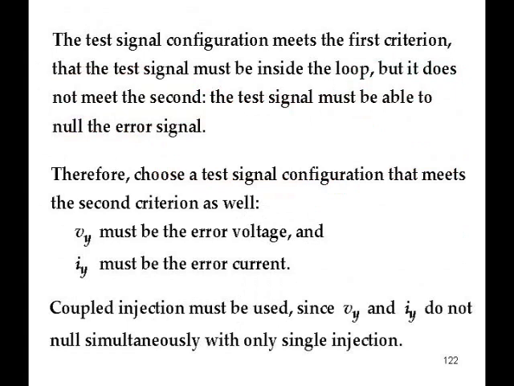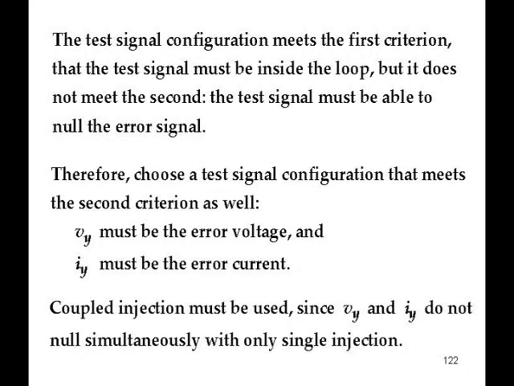Nulling IY and VY for that injection point does not necessarily mean that both error signals are null. Go back again. Why is that? If you null VY and IY, you're not nulling the error current, which is the current through the 10 ohms, and you're not nulling the error voltage, which is the voltage across the 50 ohms.